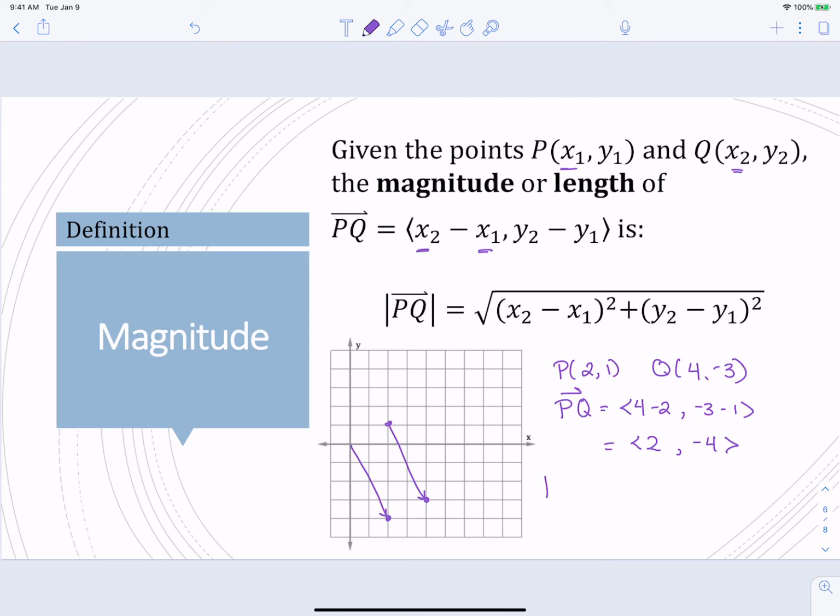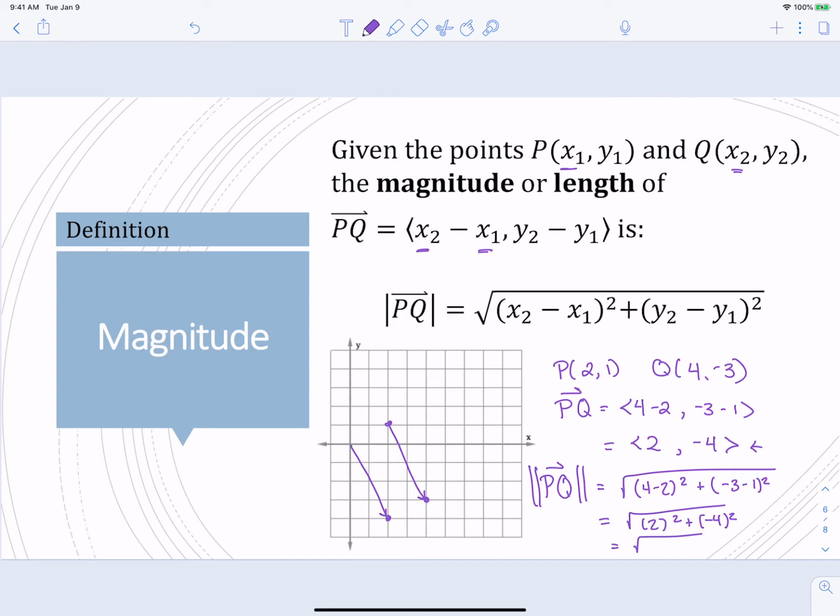The magnitude of this, which is its length, sometimes is used with single absolute value bars. Sometimes you see it with a double bar. It's the same. It's just different notations in different books. So we take those x values subtracted squared plus our y values subtracted squared, or we could have taken the position vector and squared each of our components, because that's exactly what we're going to get.